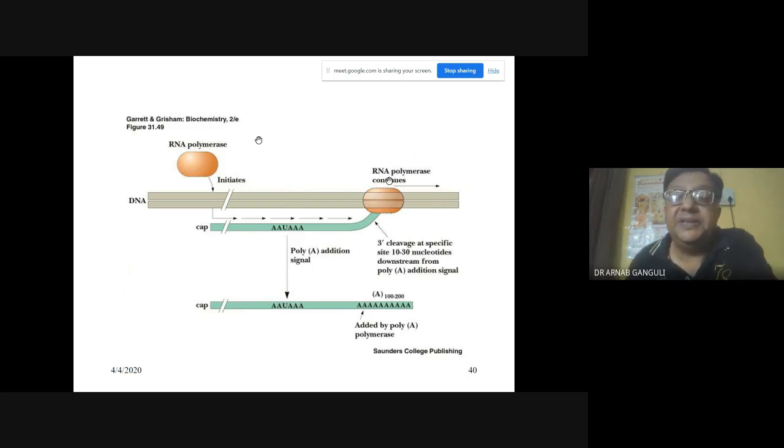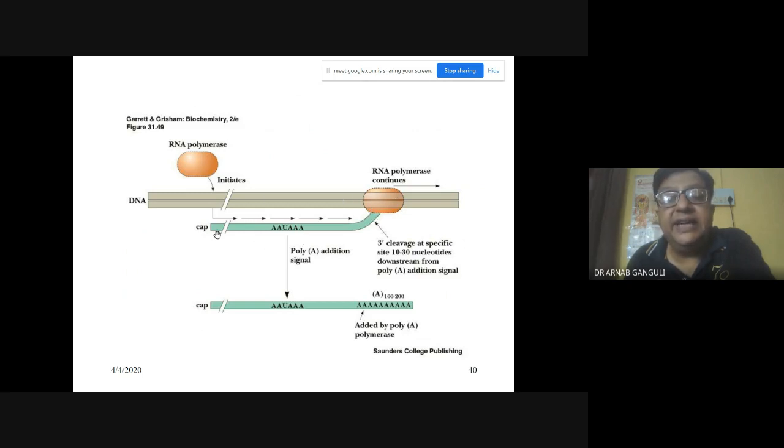From Garrett and Grisham, this picture. RNA ends AAUAA, and 10 to 30 nucleotides downstream there is this cleavage, and poly A polymerase adds the next. So this is the DNA to which the RNA polymerase binds, it goes, it ends.